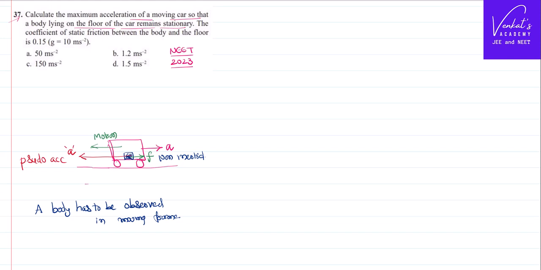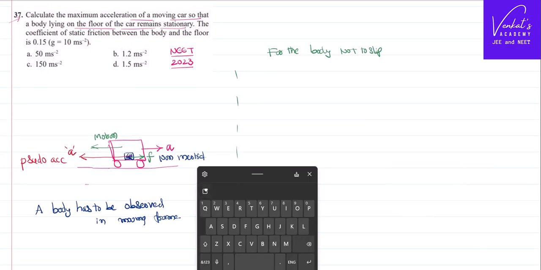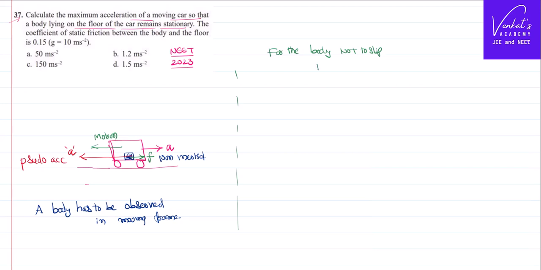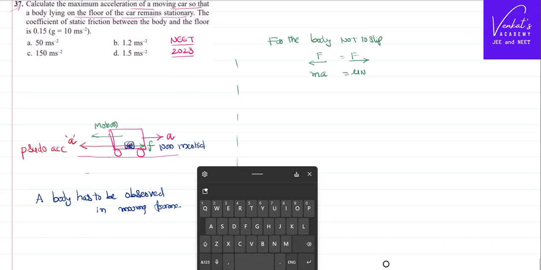For the body not to slip on the floor, what is the condition? The forces have to be balanced. That is, the force acting in a backward direction due to the pseudo force shall be equal to the force acting in a forward direction due to friction. The force acting backward is ma, and the frictional force is mu into normal reaction.